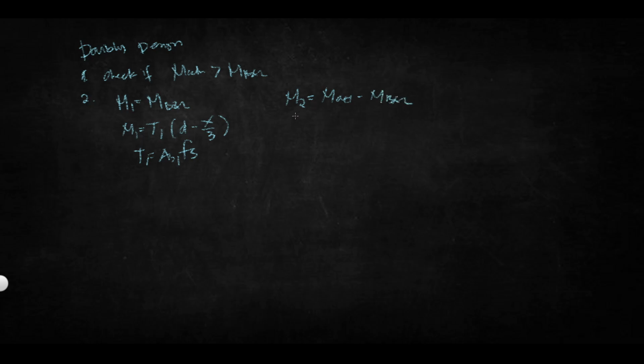Then now, using M2, going to solve T2, that is T2 times D minus D prime, where your T2 here is AS2 times Fs. So next, after solving AS1, AS2, yung ating total AS is equal to AS1 plus AS2. Then your N is equal to AS all over area of one bar.